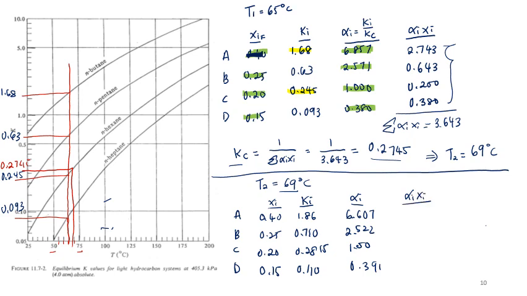You calculate the summation, the product of alpha I and xi at this temperature. 0.631, 0.2, 0.059. Then you calculate the summation of this. You get 3.533.